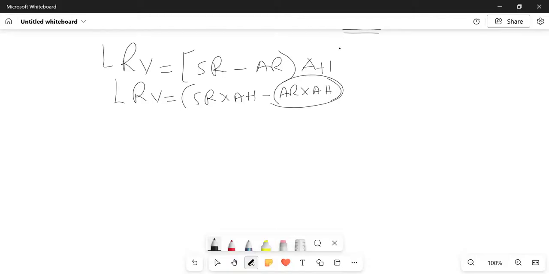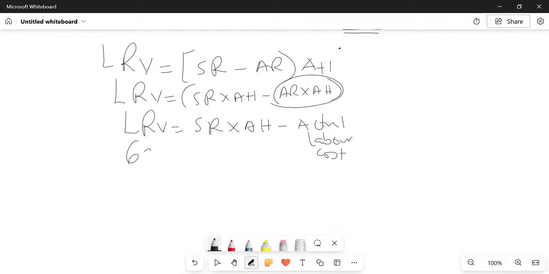So you're saying here that labor rate variance equals SR times AH minus actual labor cost. Now I will be able to get this AH very easily. I'm so lucky. So what is the labor rate variance given? 636 favorable, isn't it?